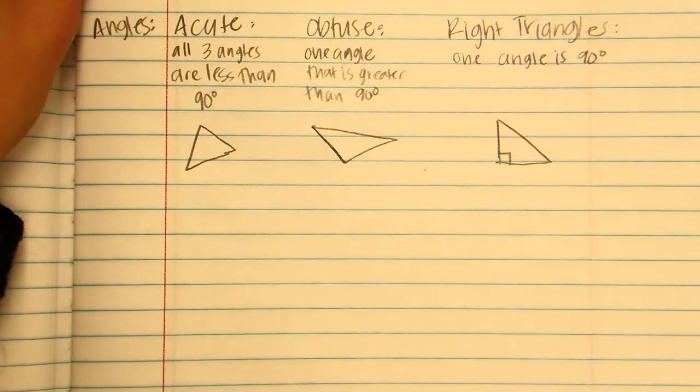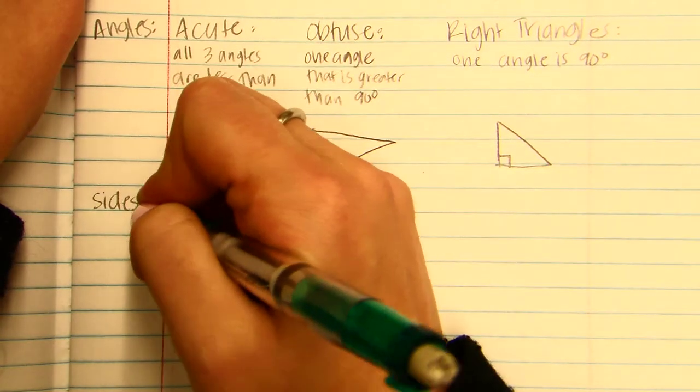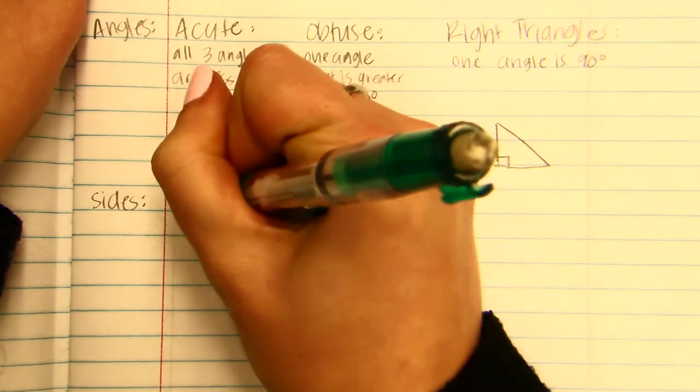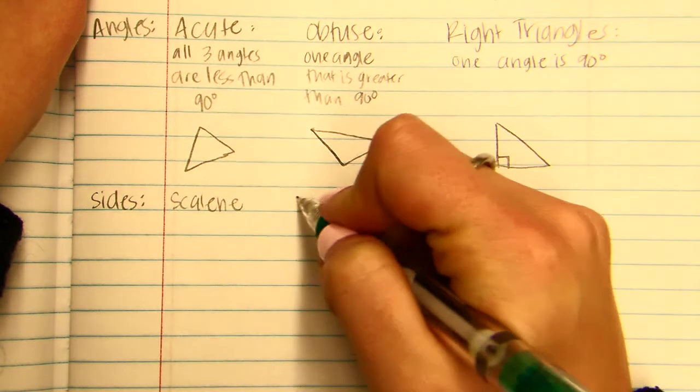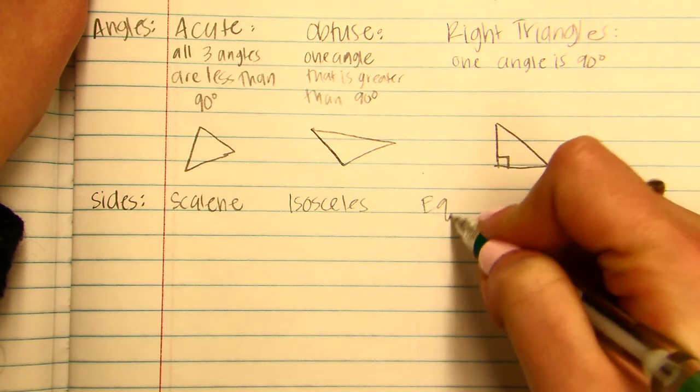Next, we can classify triangles by their sides. So if we classify triangles by their sides, our three choices are scalene, isosceles, and equilateral.